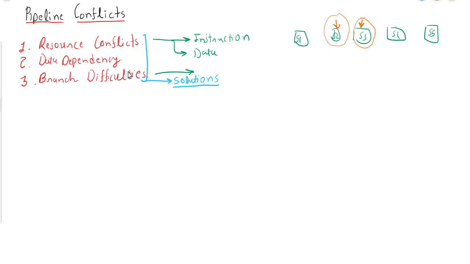Resource conflict can be resolved by using multi-port memory. Till now, in whatever memory we have discussed, there was one address port and one data port, and then we simply enable the read or write input.